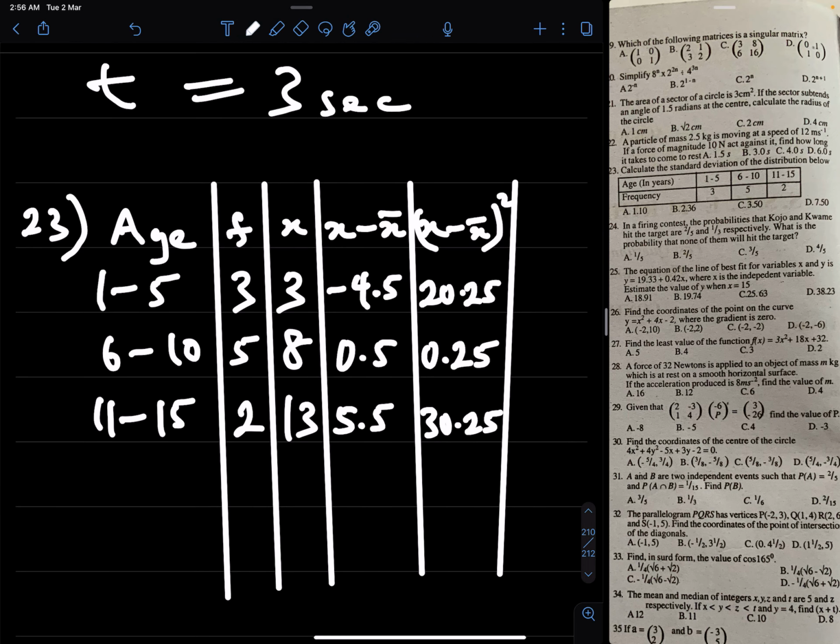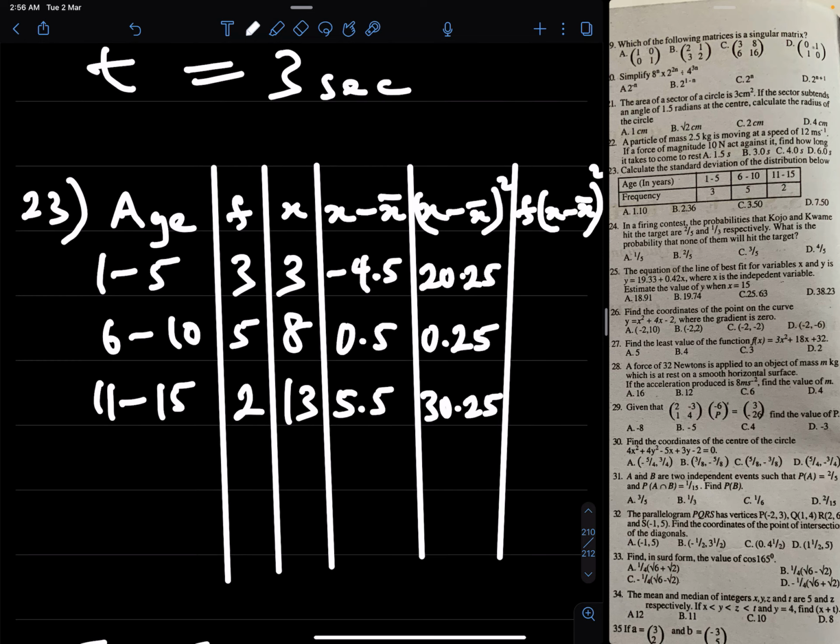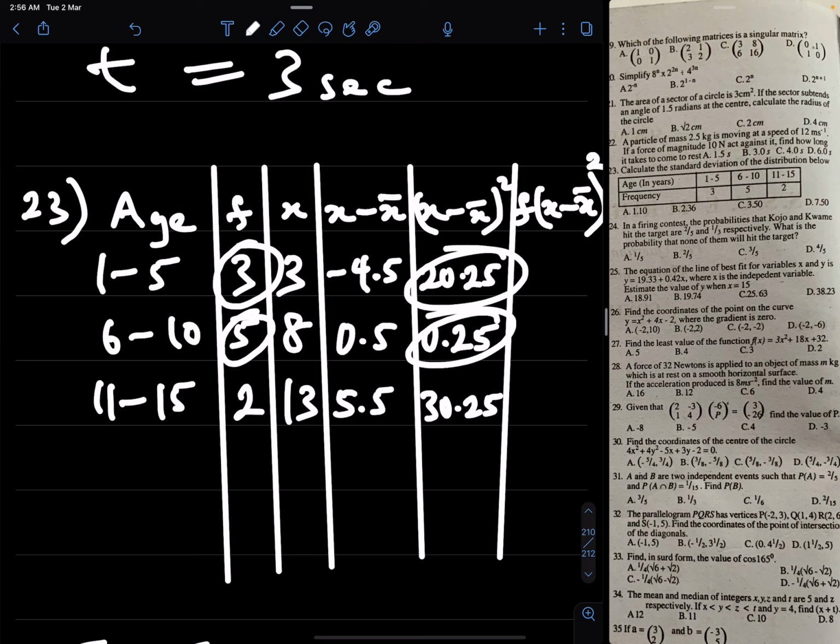Now I need a final column for summation f times x minus mean squared. There's always hardly a space to write this. The product of frequency and the square of x minus mean. So what I'm doing is 3 times 20.25, 5 times 0.25, and 2 times 30.25.